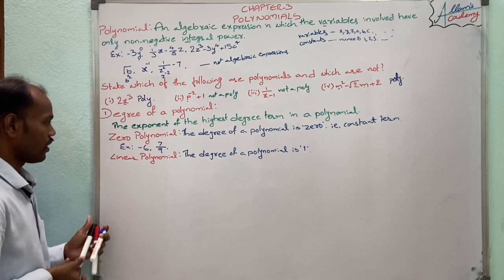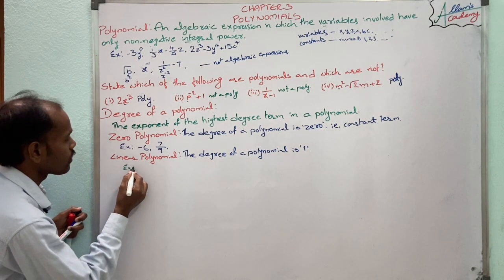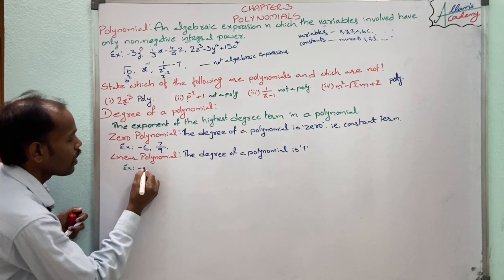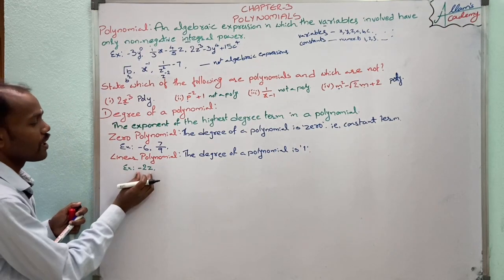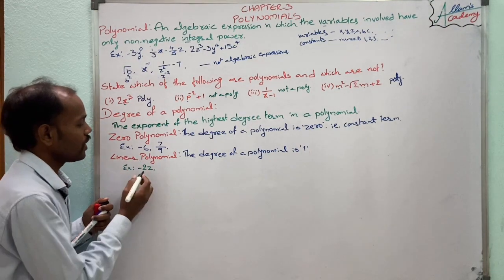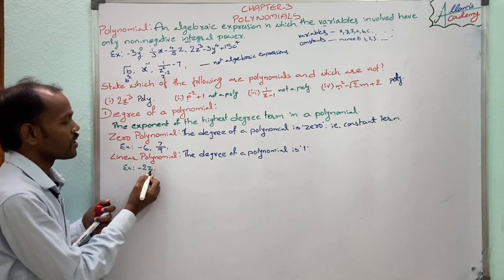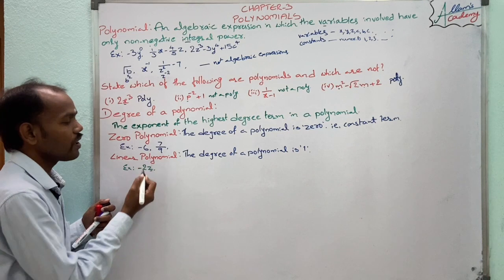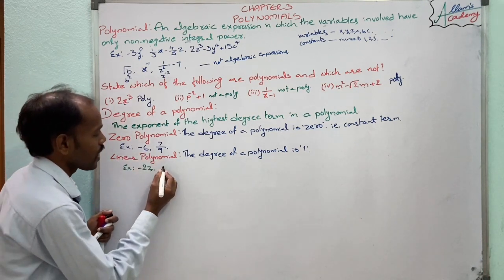For example, if we observe minus 2z, here it has only one term. In that one term the variable is z, and z has exponent 1. That is why it is a linear polynomial.